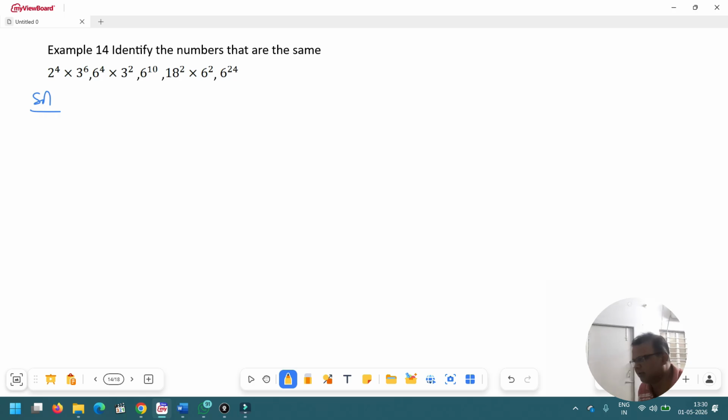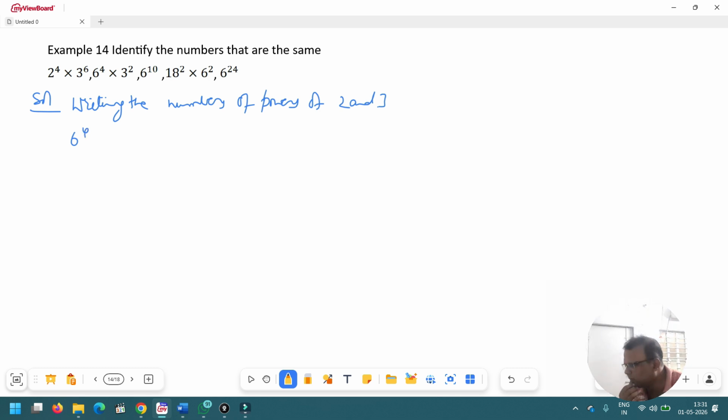Writing this number as powers of 2 and 3. The numbers as powers of 2 and 3.